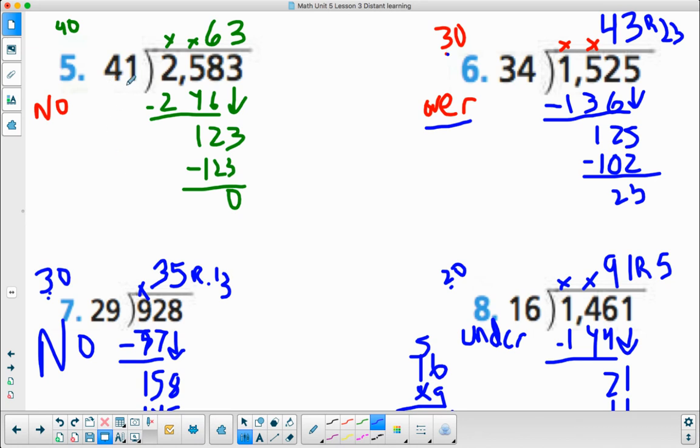When I rounded, this is close to 40. I only rounded down 1. Or here I only rounded up 1. But here, it was almost right in the middle, wasn't it? I had a 4 here. I rounded down 4. Or here I had a 6 here. I rounded up 4. The more I rounded my divisor, the better chance I had of getting one I had to adjust.